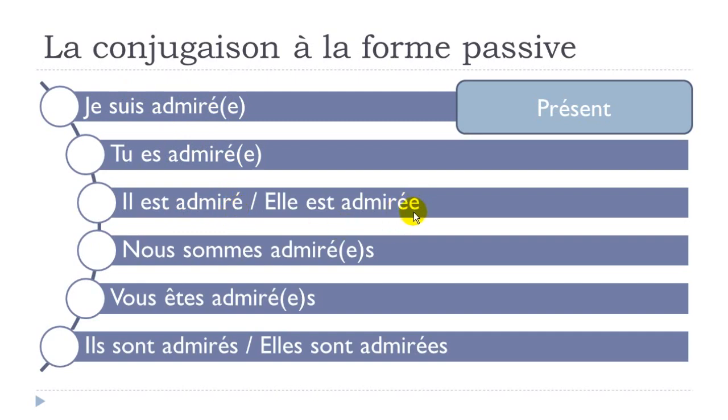Remember that we add this final e because we've got a feminine subject, and so this final e is the mark of the feminine, so singular feminine, okay? But if you think about that phonetically, you don't pronounce it, so whether it's masculine admiré or feminine admirée, you will pronounce them the same way. But still, if you want to write it correctly, you should add this e.